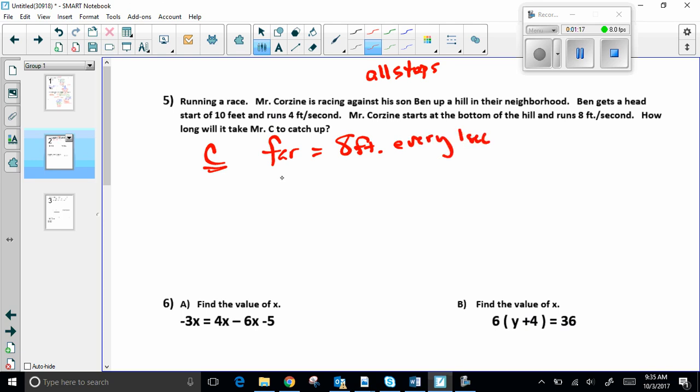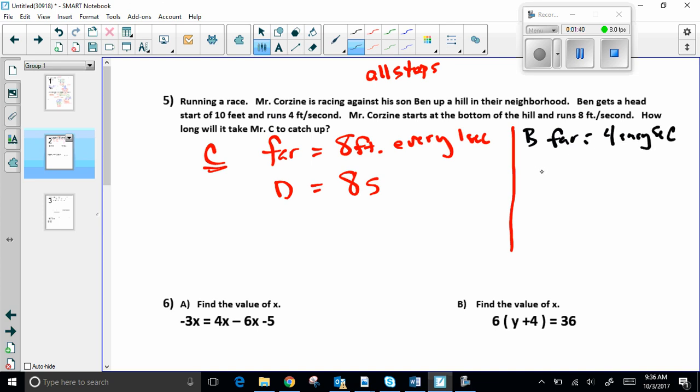So the distance is going to be 8 times how many seconds? So that's Mr. Corzine. Okay, over here for Ben, how far he runs is going to be 4 feet every second. So the distance is going to be 4 times s.